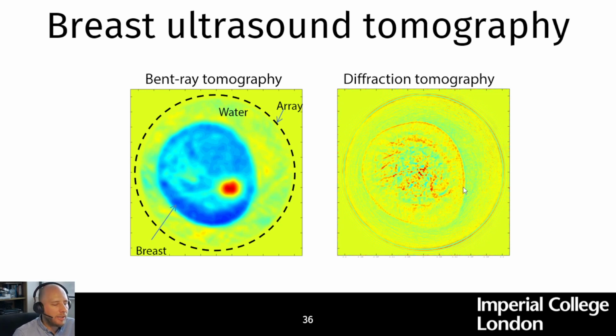And over here we have diffraction tomography. This is obviously higher resolution, but isn't really capturing any of the general details that you got within ray tomography, but there are some true features in there, maybe the skin that you could see on this reconstruction.